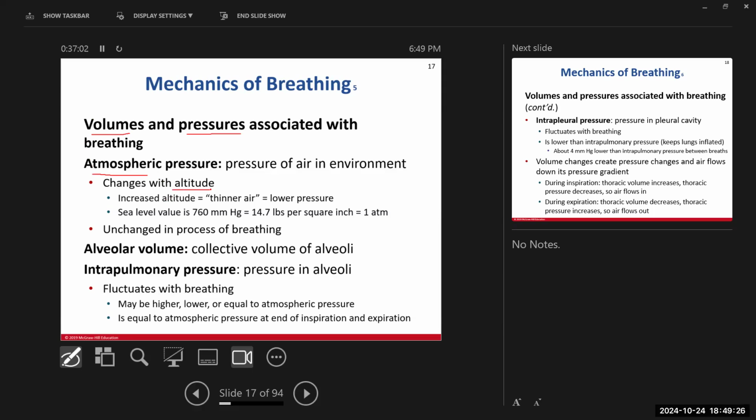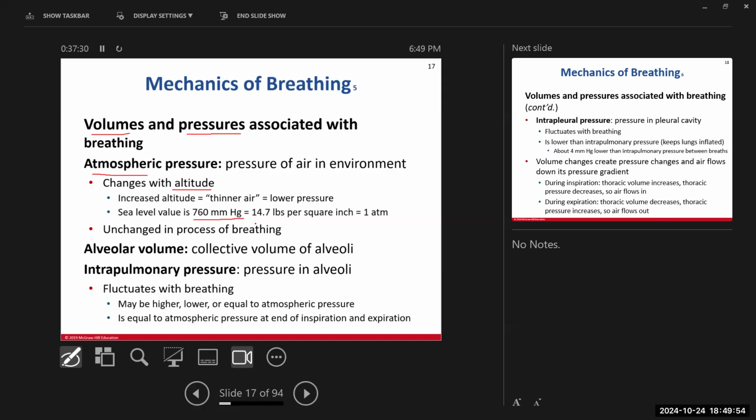So you need to know these numbers here. Actually, there's only one number that I want you to know right now. That's this one: 760 millimeters of mercury. That is the air pressure at sea level. Obviously, as you move up in altitude, that number becomes less and less. But you need to know that. If you want to learn 14.7 pounds per square inch, whatever.